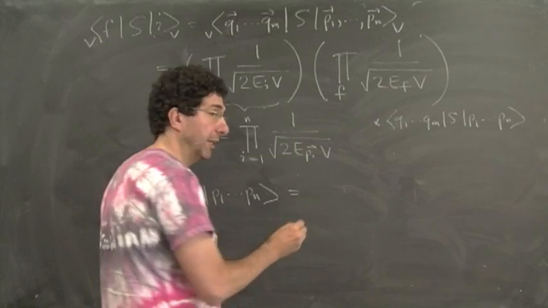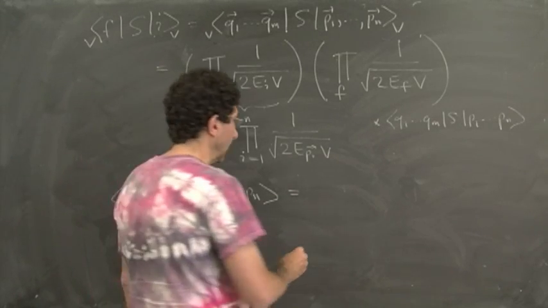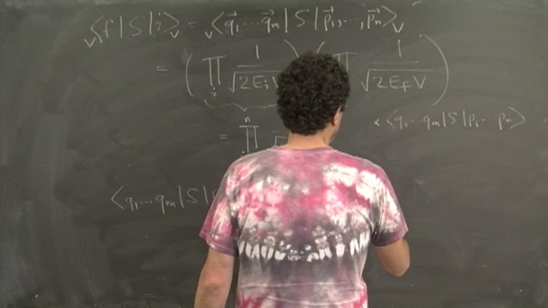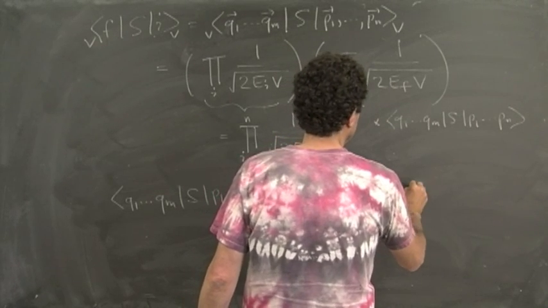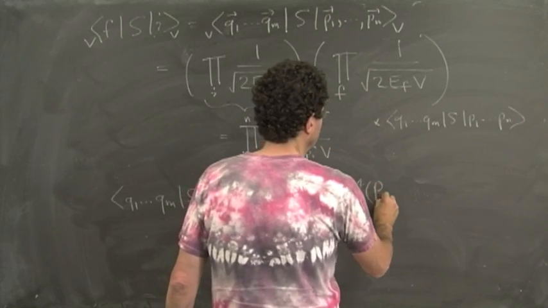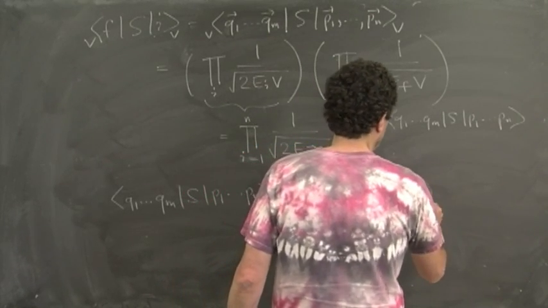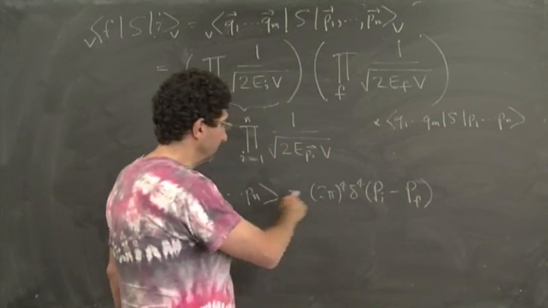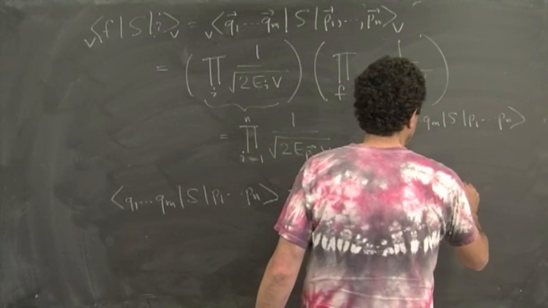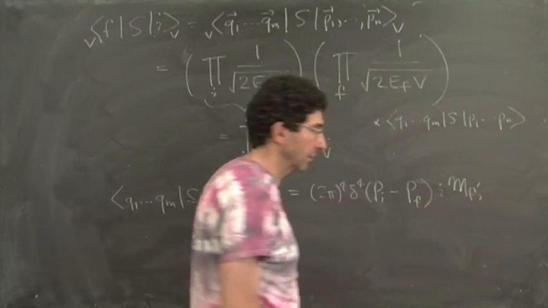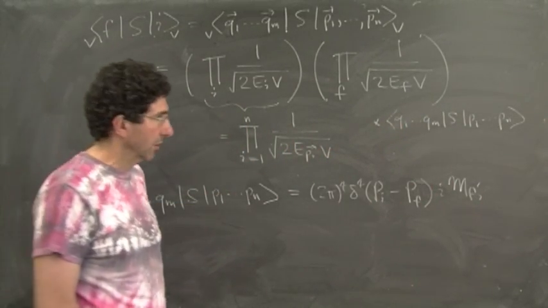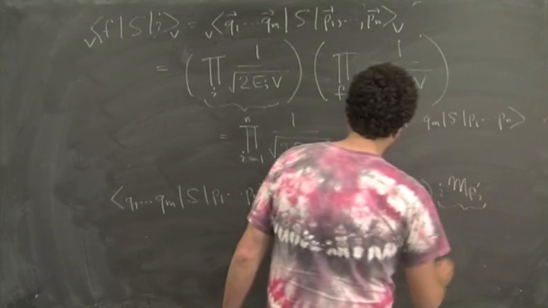So it'll always have the kind of form that we found, namely it will be (2π)^4 δ^4(P_initial minus P_final), okay? It'll always be proportional to that, and the rest of it we're going to call i times M_{f,initial}, okay?